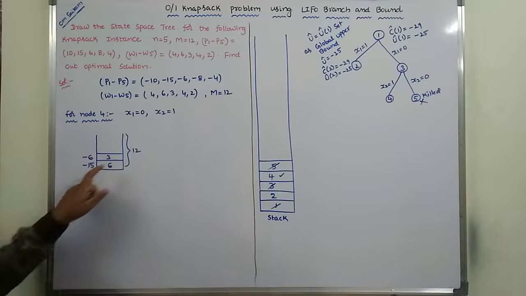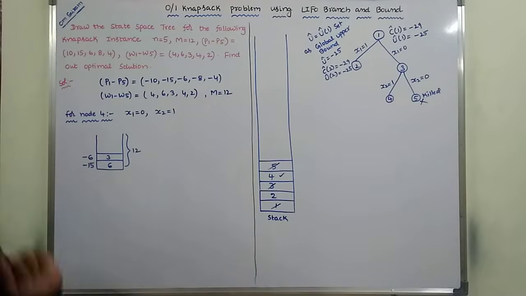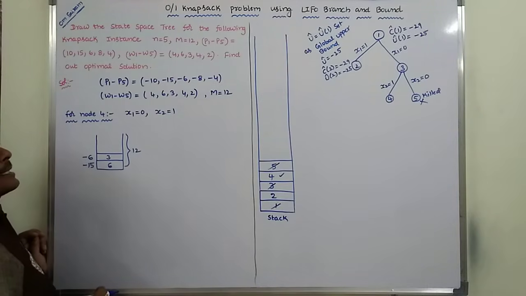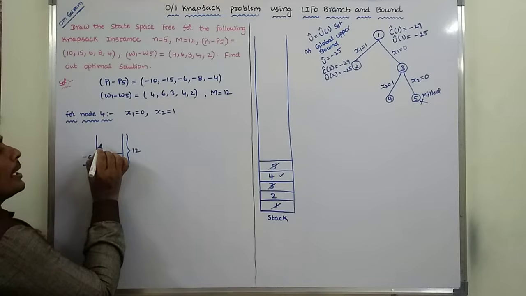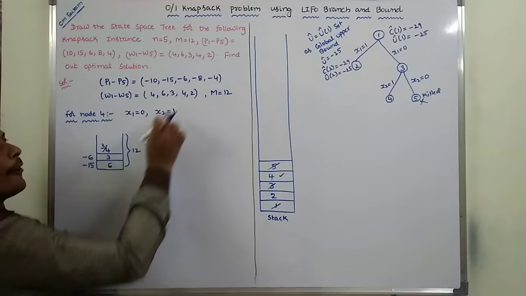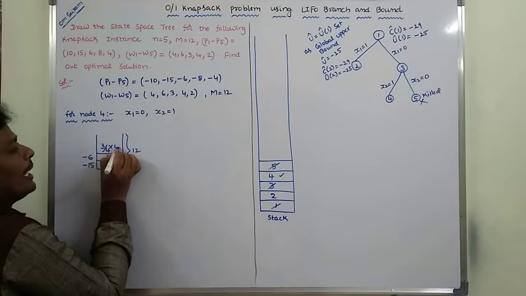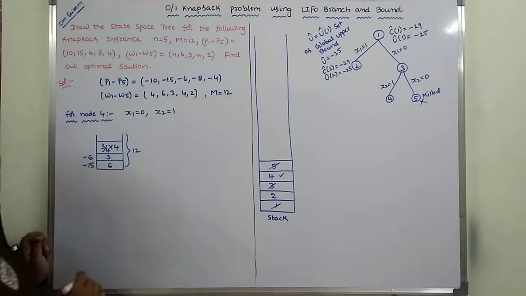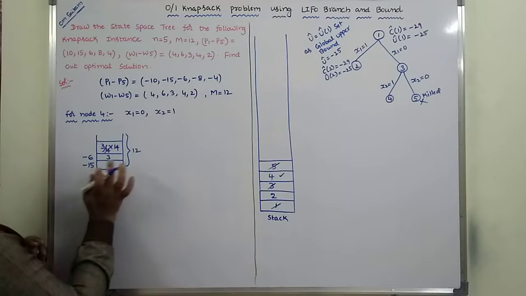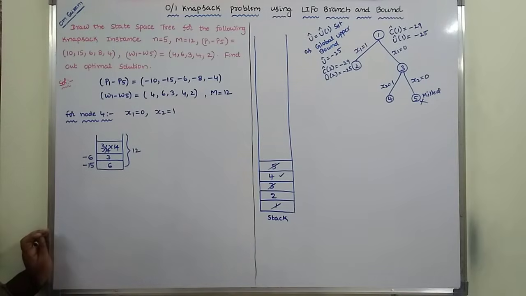Now 6 plus 3, 9. What is the remaining capacity? That is 3. But the fourth object weight is 4, so it is not completely placed into the knapsack. A fraction of the object is placed. Remaining capacity 3 divided by the weight of the fourth object, multiplied by the weight of the fourth object. So 4, 4 cancel, then 3 plus 3 plus 6, that is equal to 10.